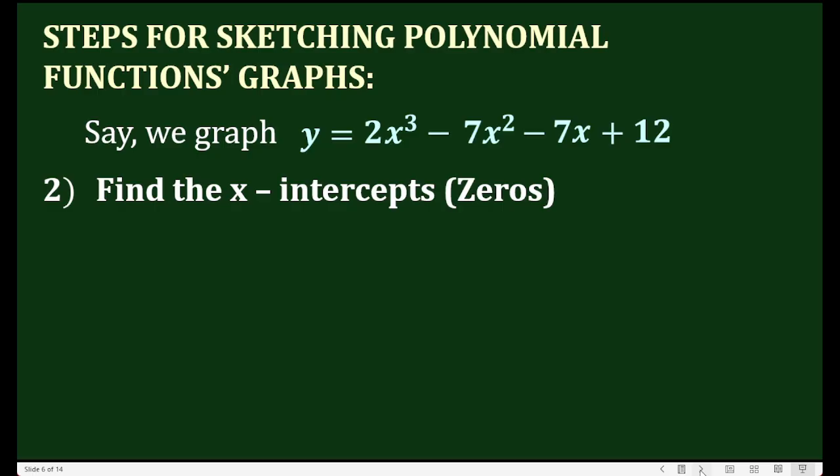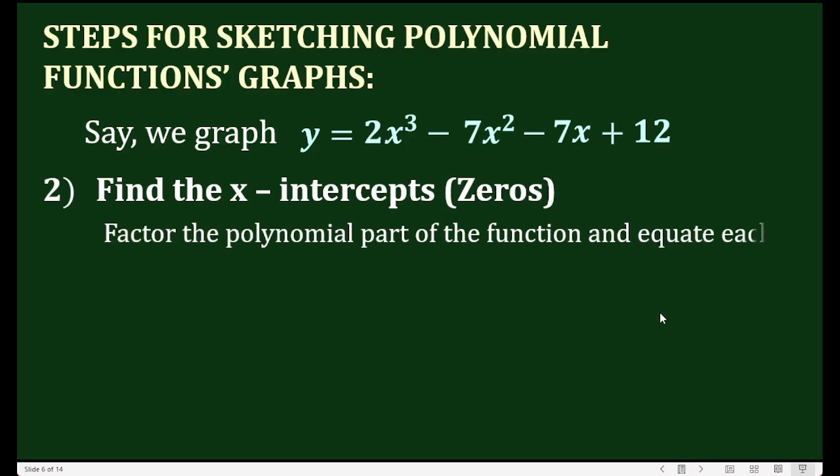So first, let us consider the x-intercepts or zeros of this given function. We need to factor this polynomial part, and upon factoring, each factor is equated to 0. But first, before we could do that, we need to set y equals 0 after factoring.